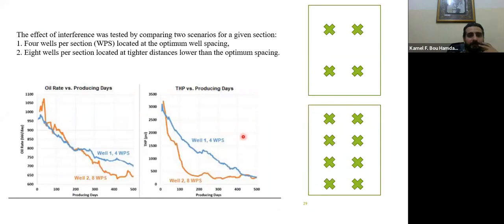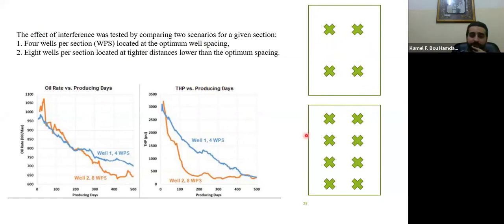Here we are looking at the effect of interference for a case. Here we have a constant geometry, and we have different wells. So the first scenario shows 4 wells in this area. However, these 4 wells are located at the optimum spacing. So that's the optimum spacing for the wells.